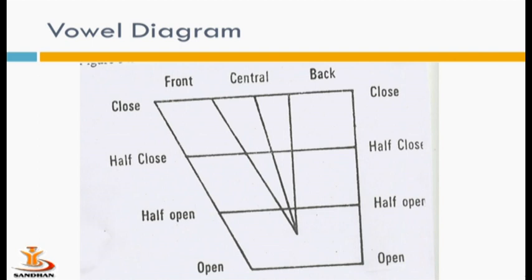When you are trying to describe a vowel, you need a description like front, half close vowel. You can have a back, half close vowel. What is this front and back? Remember, we are talking about the inside of the mouth. So when you describe a vowel, this is how you will be describing it.